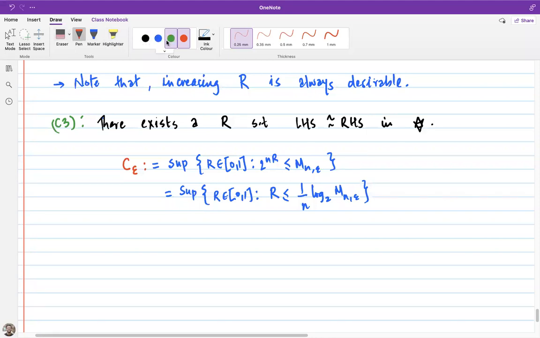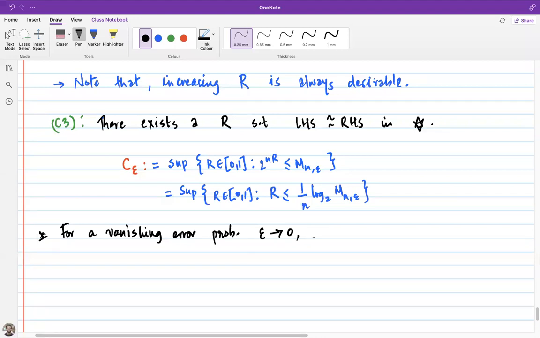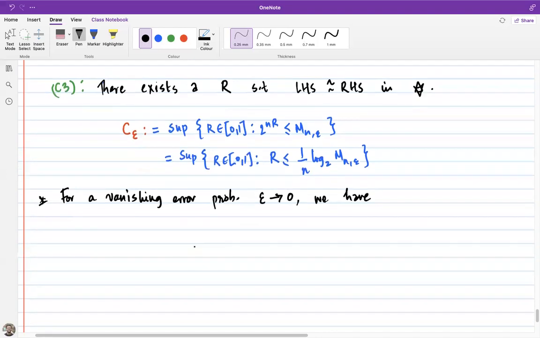so now to get rid of this epsilon, we have a point saying that for a vanishing error probability, to be precise, a decoding error probability, that means epsilon tends to 0, the above supremum that you see is simply the limit, you need to consider limits, simply the limit as epsilon tends to 0 of C epsilon, that is nothing but the limit of this particular set.